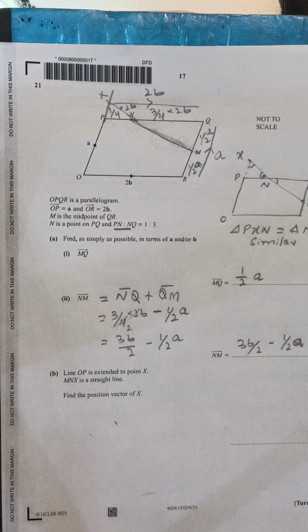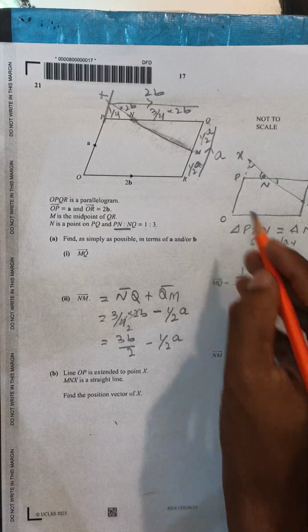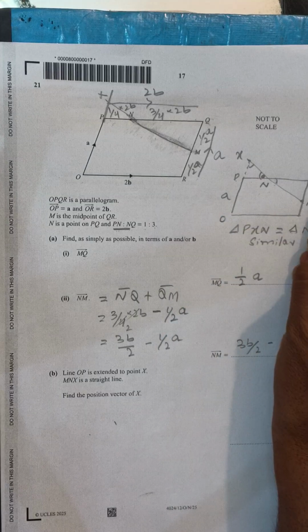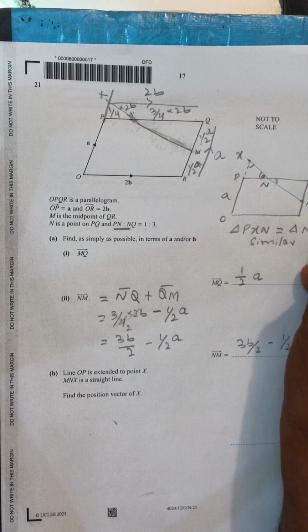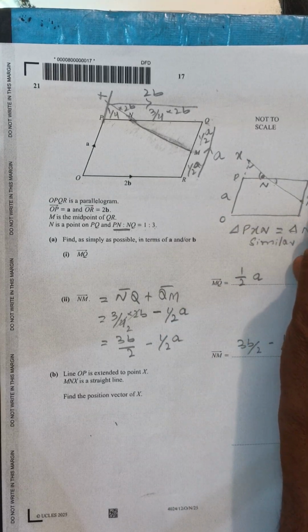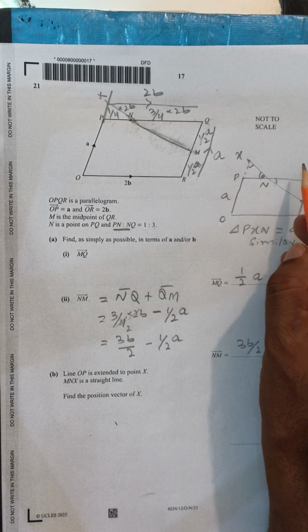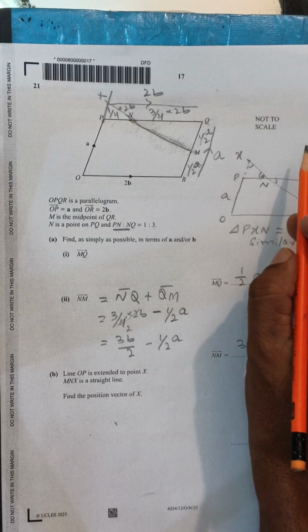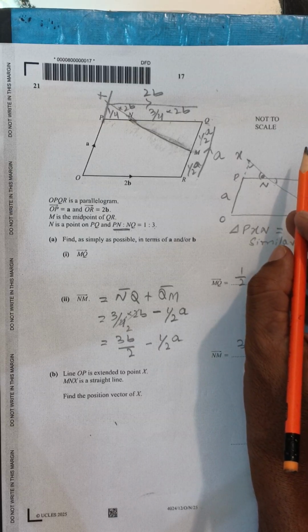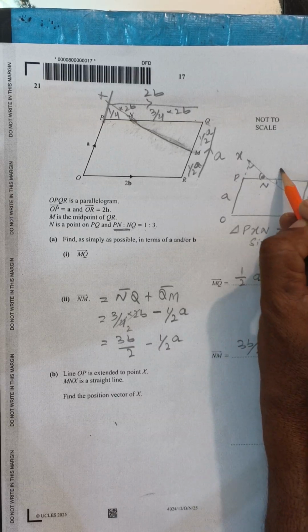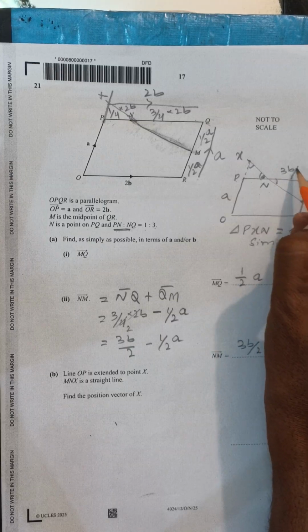I have written here as well, similar triangle. So now this length is a, the complete length is a, half length is 1 over 2a. What about this length? After simplification, this is 3b over 2.